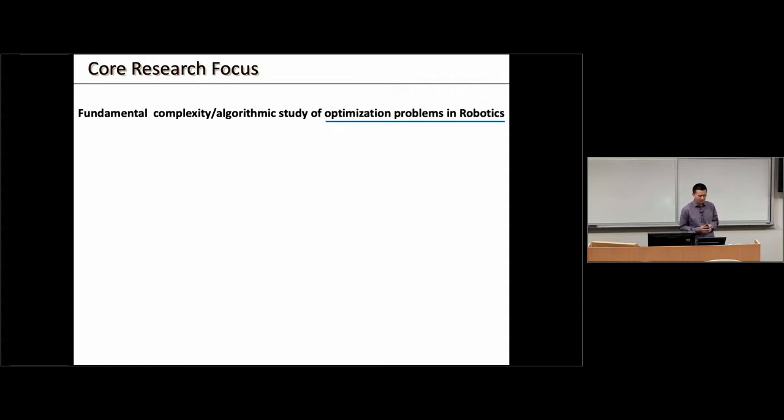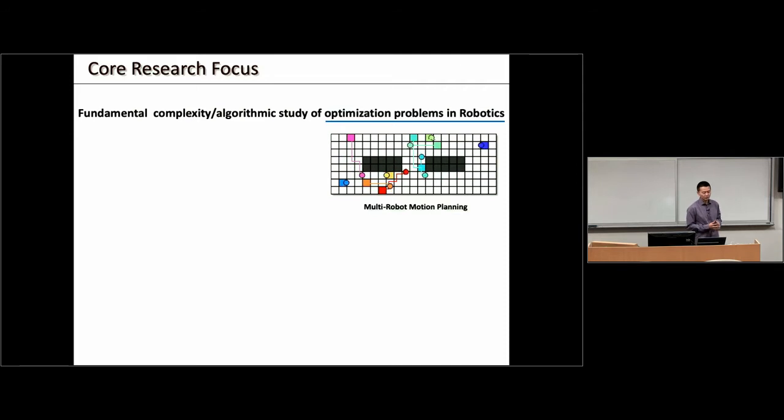In studying robotics problems, what we want to do is to derive optimal solutions that optimize certain objectives of practical value. For example, in a multi-robot path or motion planning problem, a natural objective could be finding collision-free trajectories while also minimizing the task completion time or the total travel distance.